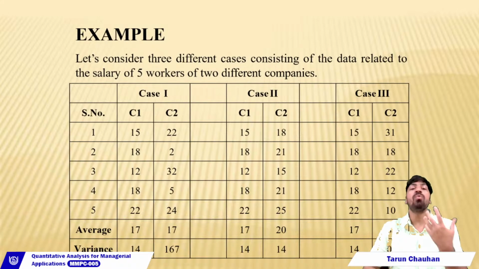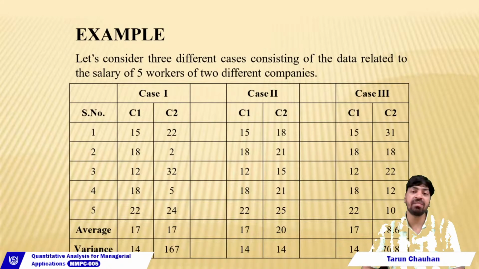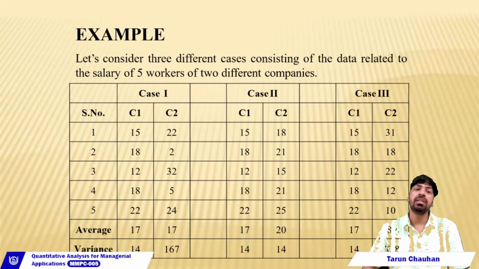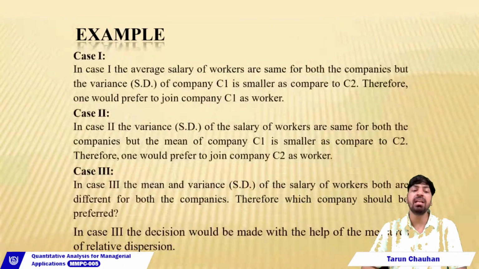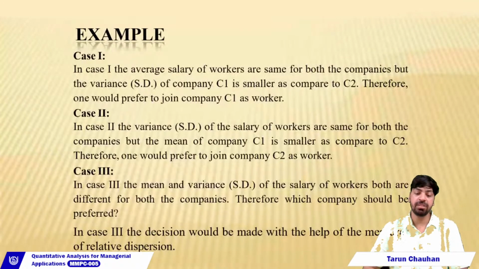That means the coefficient of standard deviation, the coefficient of mean deviation, and the coefficient of variation, which are called the relative measures of dispersion. So this is the whole theoretical aspect. In case 3, the decision will be made with the help of the measures of relative dispersion.